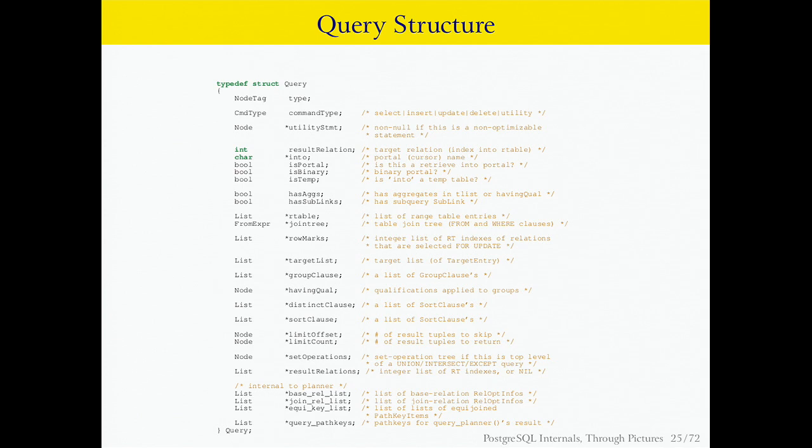Okay? And the ultimate goal of all of this from the parser is to fill in something called a query structure. This is basically where we stop and leave the parser. It represents the holistic view of a query. We don't know whether it's a select, an insert, an update or delete, but this command tag tells me.